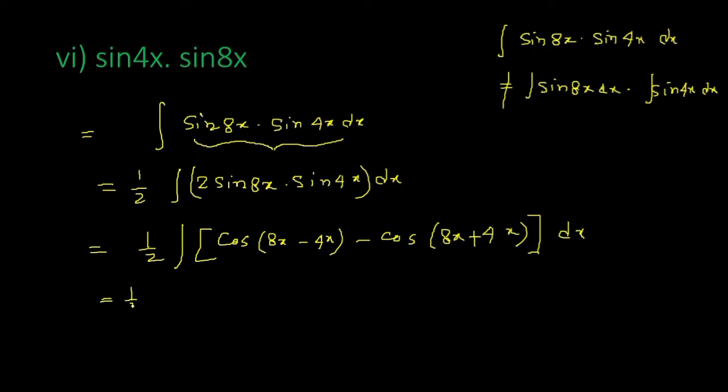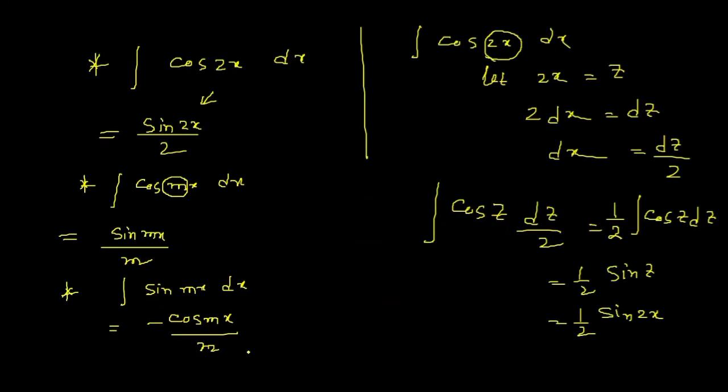We are using this formula. Now this will become the integration of cos 4x minus cos 12x dx. Here we have shown that the integration of cos mx is sin mx by m.